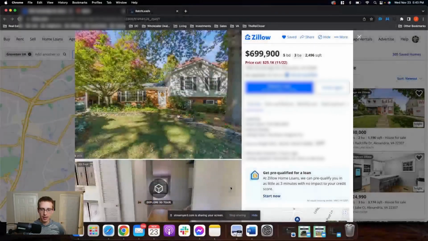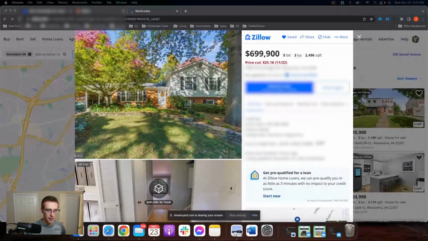All right, so now let's go ahead and comp the property. So let's bring the property back up. Okay, so if you haven't seen the last video, in the DC, Maryland, Virginia area, a lot of times they'll include the basement square footage in the total property if it's livable.